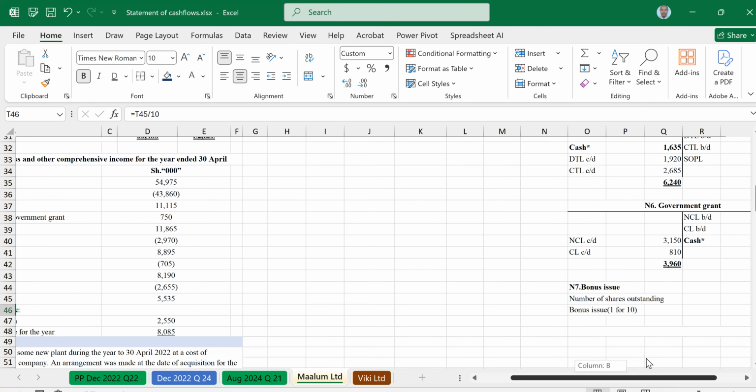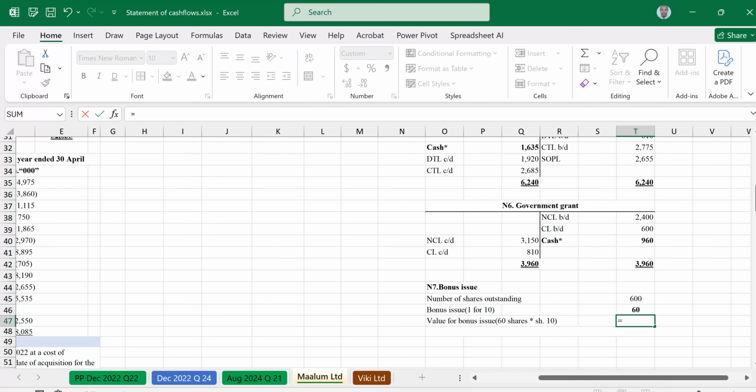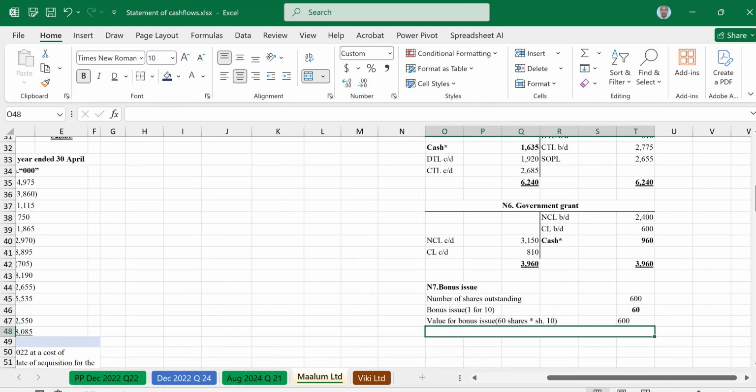So the value for bonus issue will be the 60 shares times shillings 10. So that will be equal sign 60 times 10, giving us 600. So the amount of bonus issue is simply 600.